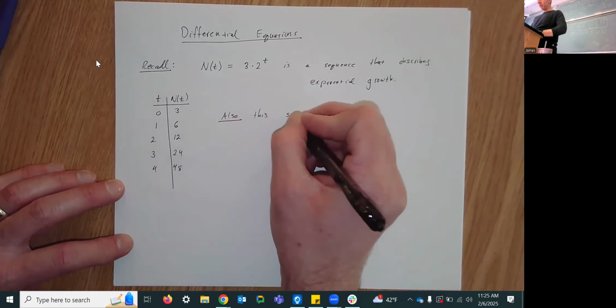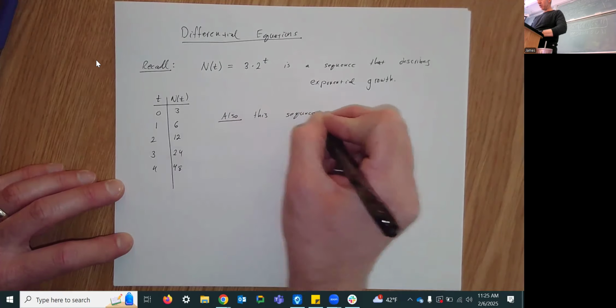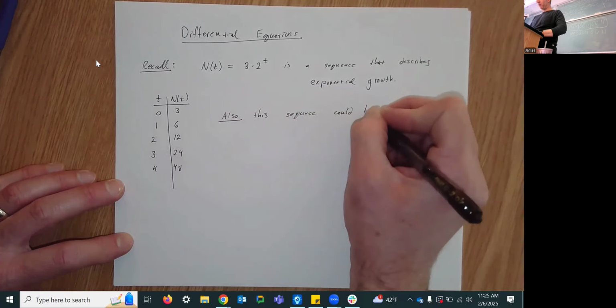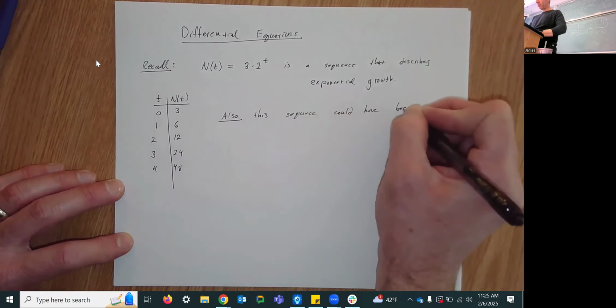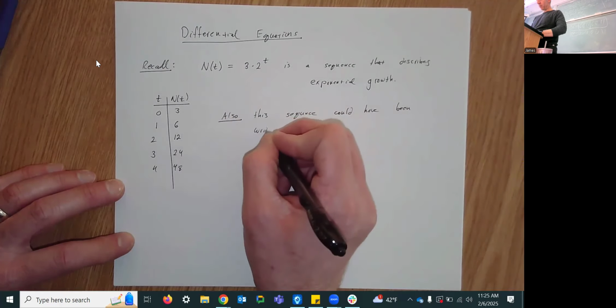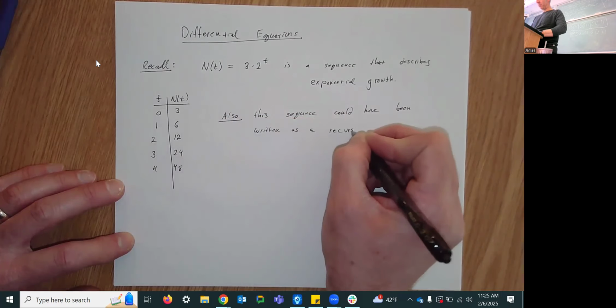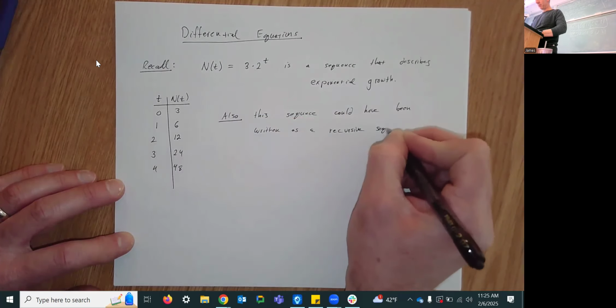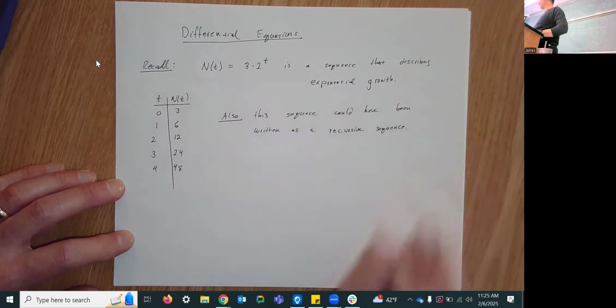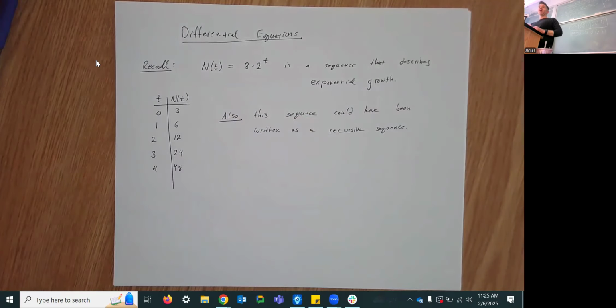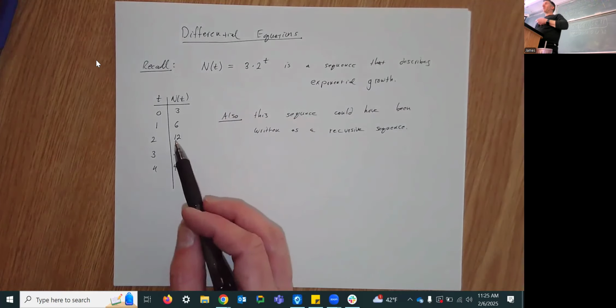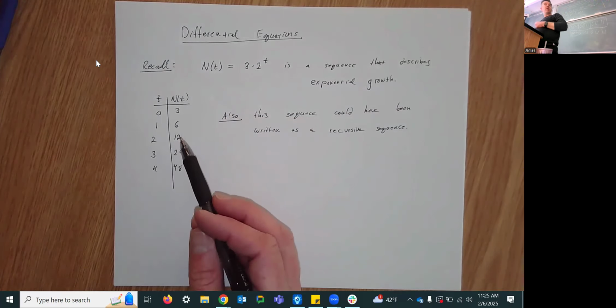But I also want to point out, this sequence could have been written as a recursive sequence. And I'll remind you, a recursive sequence is just a sequence where to find essentially the next value, you have to know the previous value. So in this case, it looks like every subsequent value is twice the previous value.